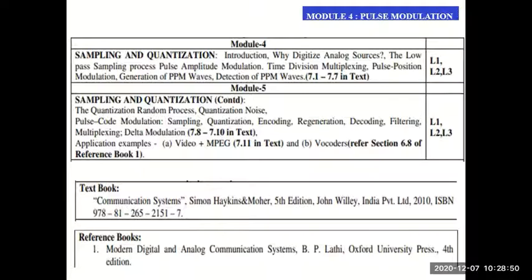Whether it is MPEG or vocoder, they try to compress the information along with encoding, hence helping in saving bandwidth and in transmitting minimized data. So for video it is MPEG, for voice it is a vocoder, which is quite an interesting module which we are going to study.